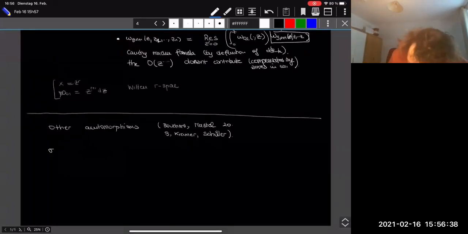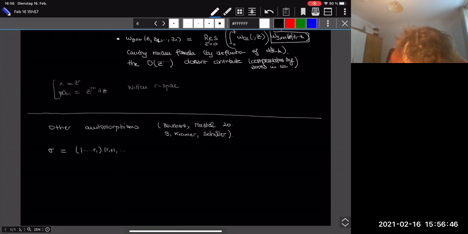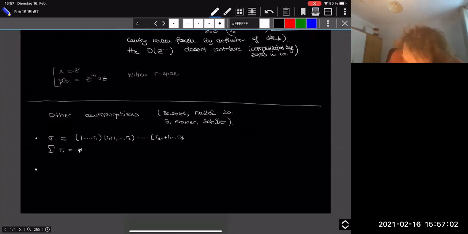So imagine you apply the same procedure when now you take your sigma, which is a product of cycles, R1 up to RD. Now you can have a Fourier basis for each of these cycles.